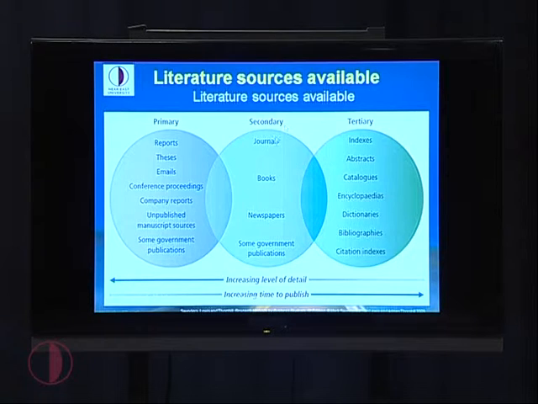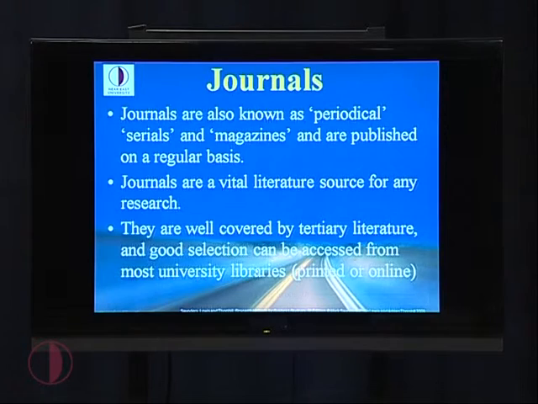The secondary is from journals, books, newspapers, and the media. The tertiary is from indexes or abstracts, which are the most important, catalogs, encyclopedias, dictionaries, biographies, and so on. And you see, when you depend on the tertiary, there is an increasing level of time to publish, while depending on the primary, there is an increasing level of detail.